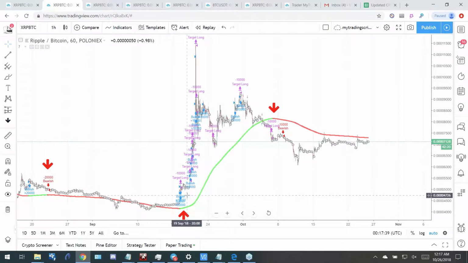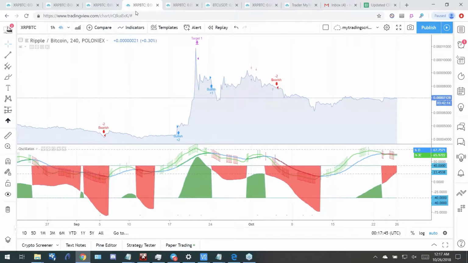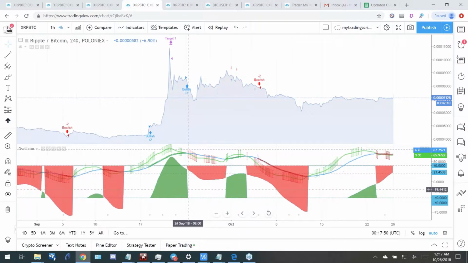This oscillator highlights some of the most increasing buying offers or buying pressure. That's why you see the green histo area, and when you get the green histo area, you notice we have the bullish signal. So let's plot this.